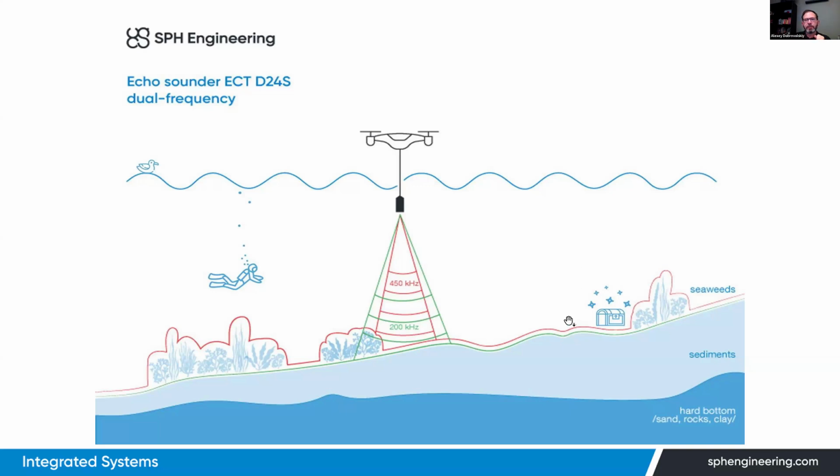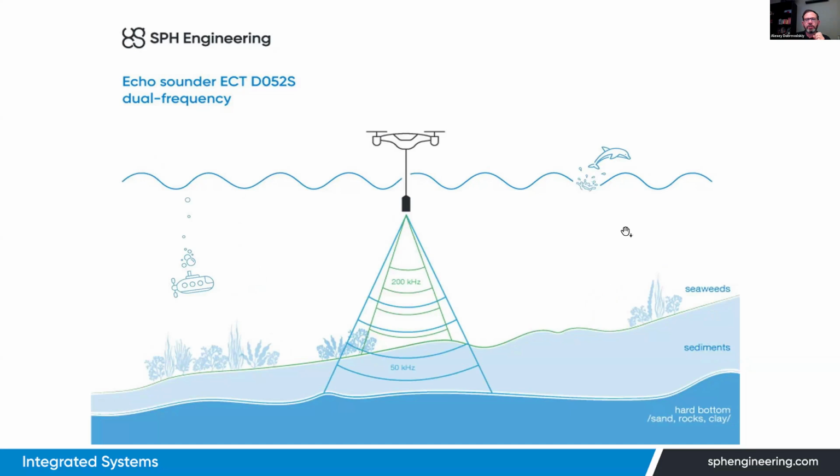And the last model is the 50 and 200 kilohertz echo sounder. In some cases, sound with the frequency 50 kilohertz will penetrate through the sediments covering the hard bottom. And we will have two data readings, or plots.